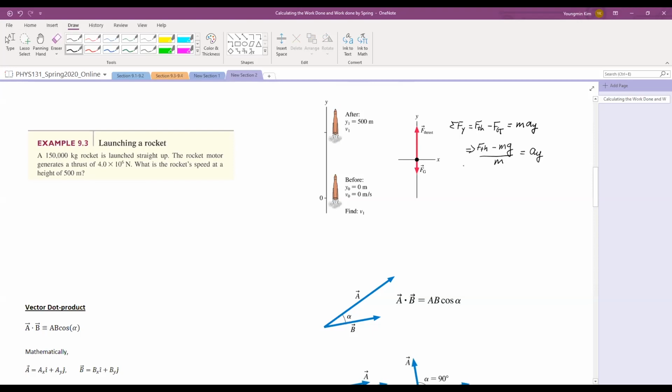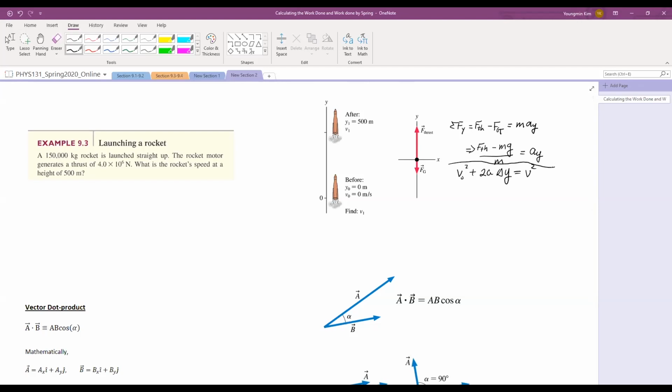And by knowing the initial velocity being 0, and now you have the acceleration and the displacement, you can easily solve for the final velocity of the rocket by simply using Newton's laws. So again, this is an example that doesn't necessarily require a work and energy concept, but it's there for us to compare the two methods and get ourselves familiarized with the work and energy concept.